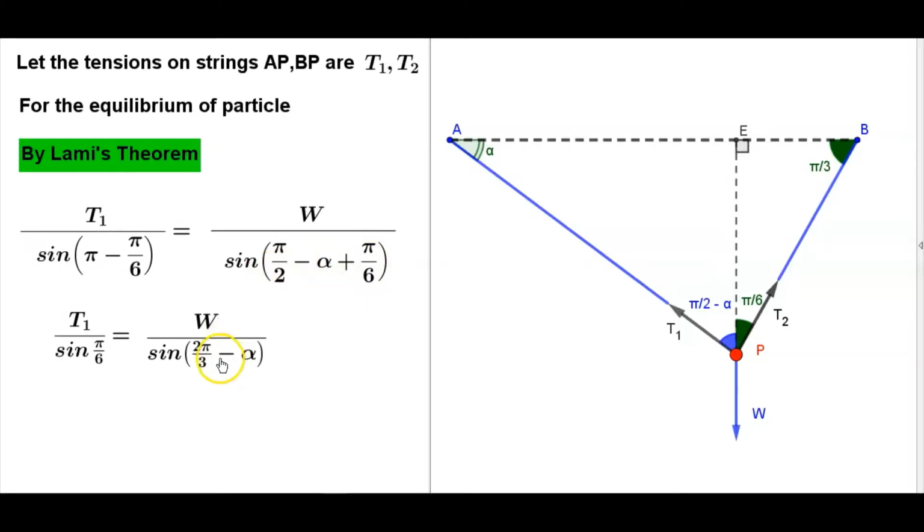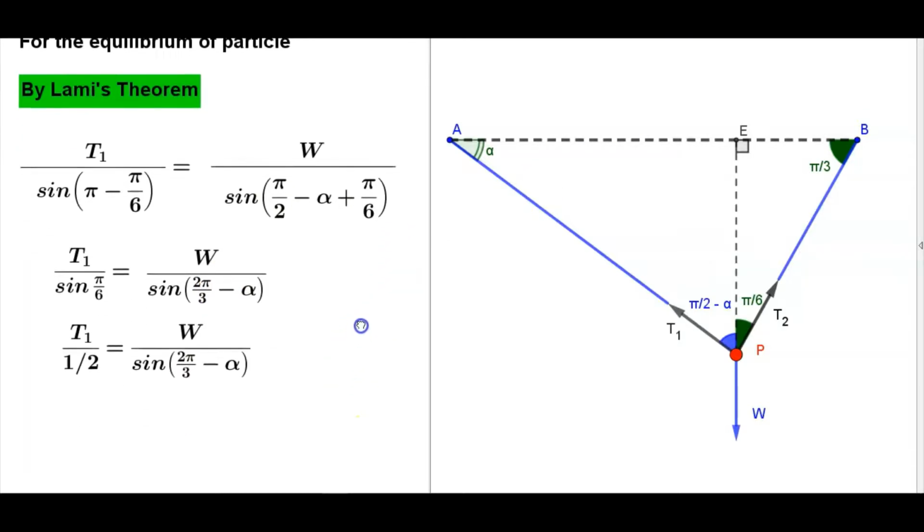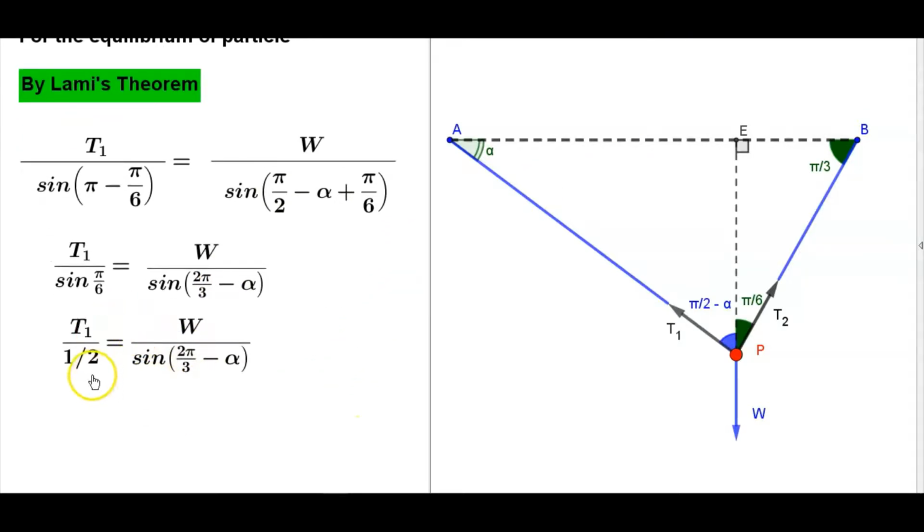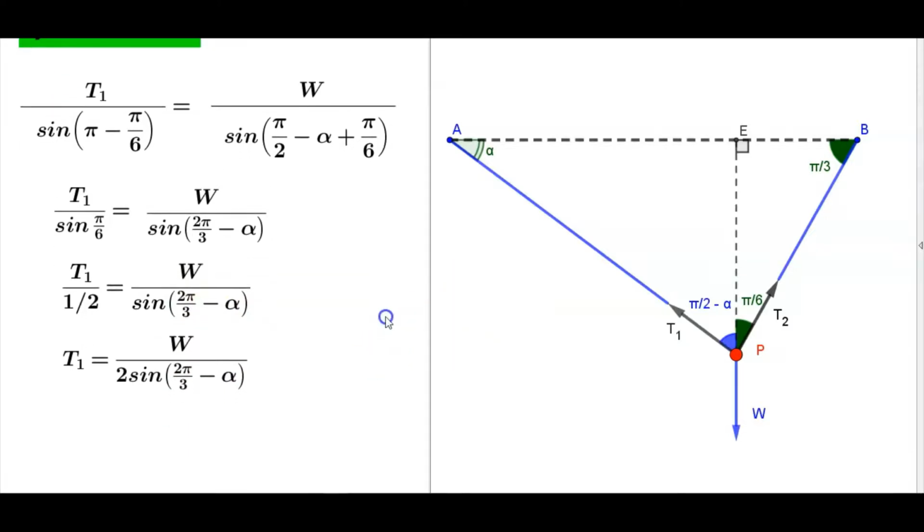Therefore, sine of 2 pi by 3 minus alpha. This one, T1 over half is equal to W over sine of 2 pi by 3 minus alpha. Therefore, T1 is equal to W over 2 sine of 2 pi by 3 minus alpha.